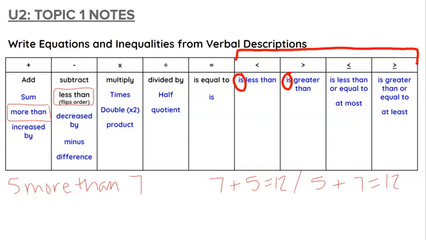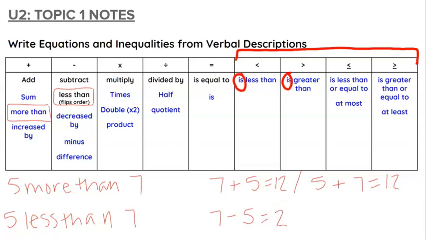However, when we switch that to less than, if we said 5 less than 7, the only way we can write that is 7 take away 5. If we think about that, 5 less than 7 means we're starting with 7, and we're going 5 less than that. So we're going to take away 5, and now we're down to 2.